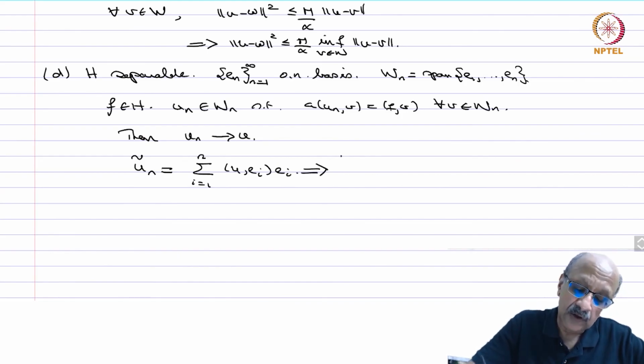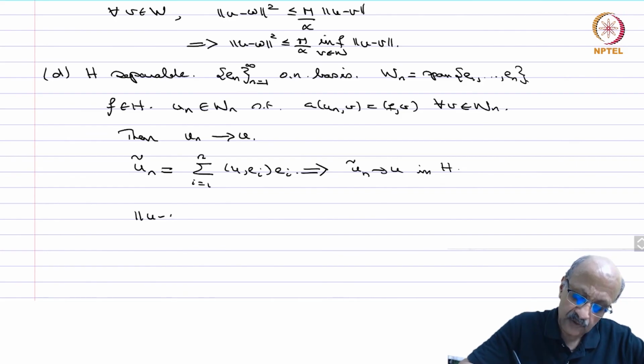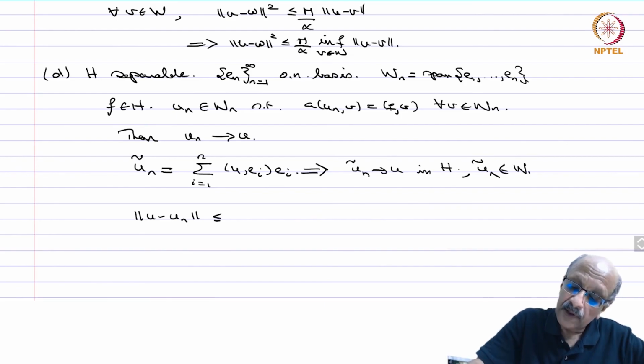Because ei is an orthonormal basis, you have Un tilde converges to U in H. U is nothing but the infinite series associated to this, and therefore the norm of U minus Un tilde goes to 0, and Un tilde belongs to Wn.